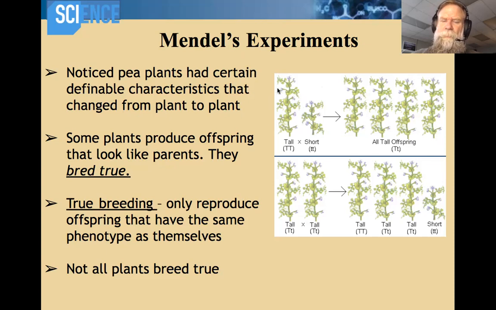These true breeding plants. He knew that this tall plant came from tall parents. He knew that this short pea plant came from short parents. When he bred them together, it was always tall pea plant offspring. That's interesting. So there seems to be an interplay between these characteristics.